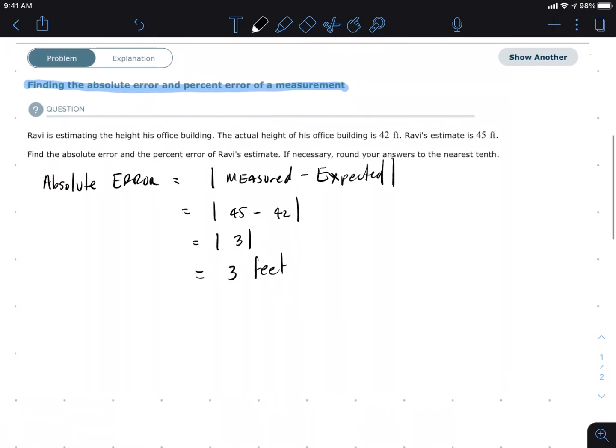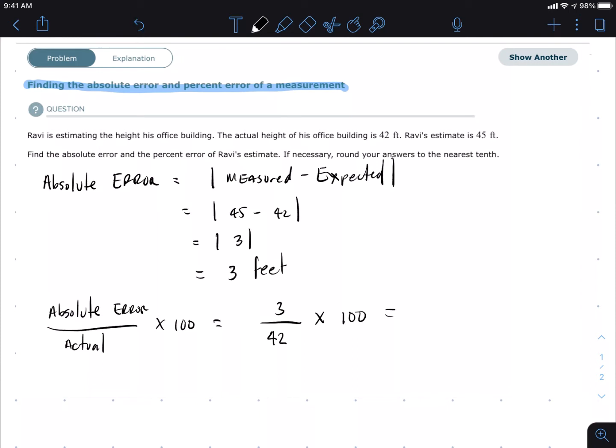Yes. Okay. Now, when we go to find the percent error, it is going to be the absolute error over the actual times 100. So that means I'm going to get 3 feet over 42 times 100. I'm good, but I'm not that good.